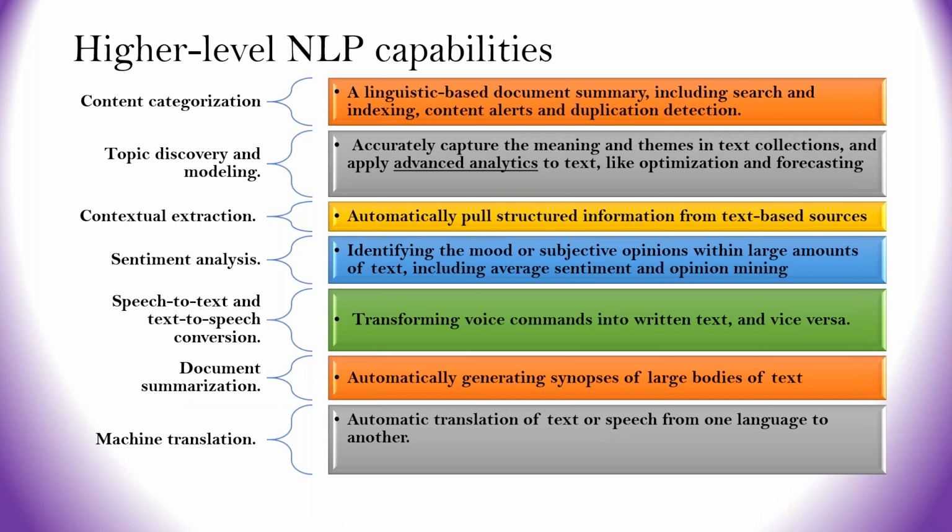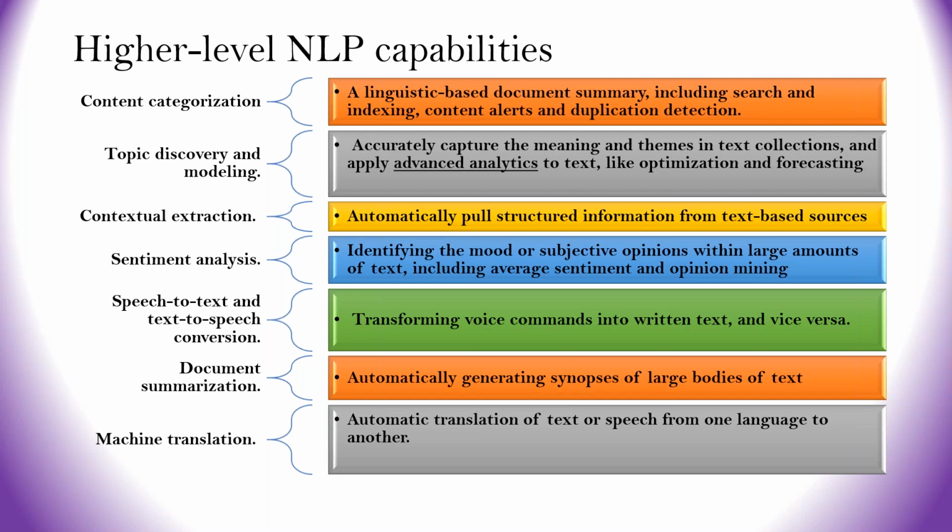And some of the natural language processing capabilities include: the left side things are all the capabilities, and the right side things are all the list of things we could do out of these capabilities. The first capability is called content categorization, in which we could do document summarization.